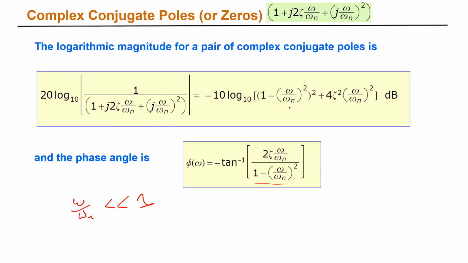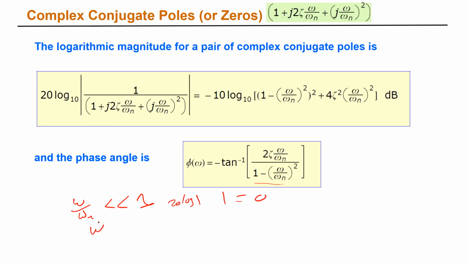You'll only get 1. And this other term, because I'm multiplying it by zeta squared, is definitely going to be smaller. So the overall approximation will be log of 1, which is equal to 0. 20 log equal to 0.